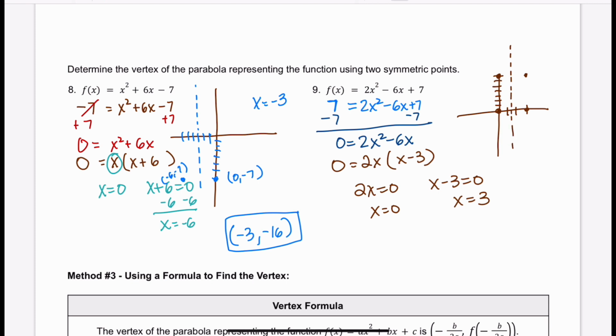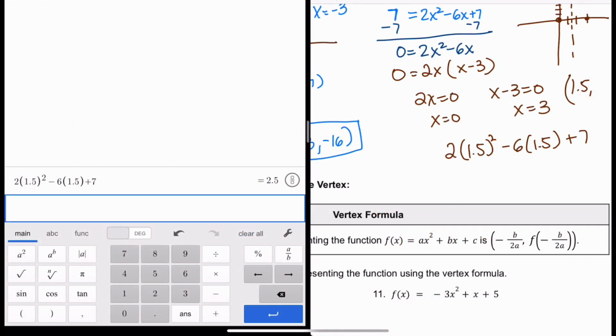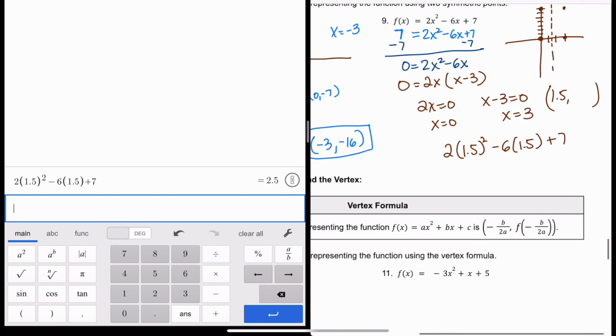At 1.5, I would have a vertex. To get the other one, I would plug it into my calculator. And that gives me 2.5. So I'm going to have the point 1.5, 2.5 as my vertex.